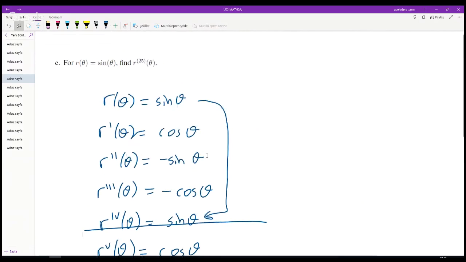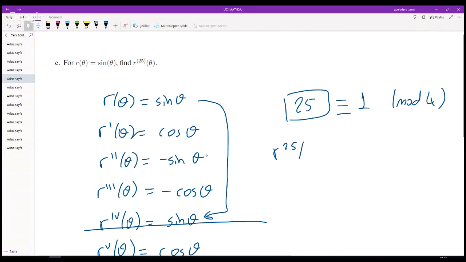So I'll think about the location of the 25th derivative in this cycle. So 25 is equivalent to 1 in modular 4, right? Therefore, the 25th derivative of r equals the first derivative of r, which is cos theta. Okay?